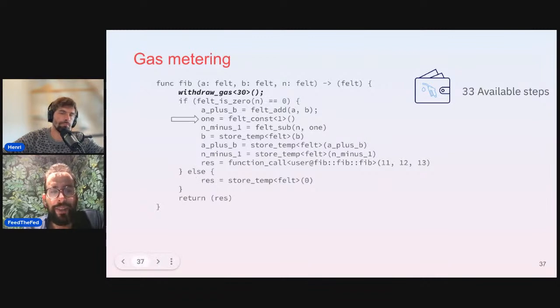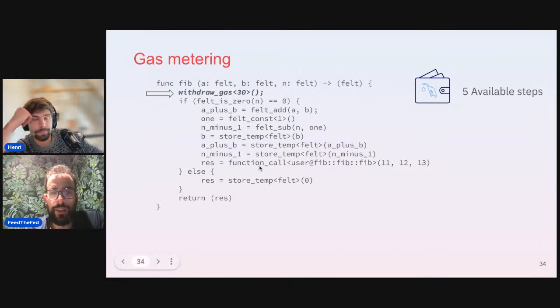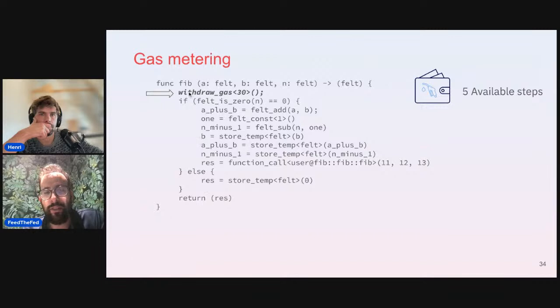So the point is that this is a property that I can check at compile time. When I get the Sierra code, I can check, does this function ask for enough gas for what's happening inside? Do I have enough gas for the entire if branch and the entire else branch? I don't know ahead of time whether the if or the else is going to run, but I can statically check that I have enough gas for the worst case.